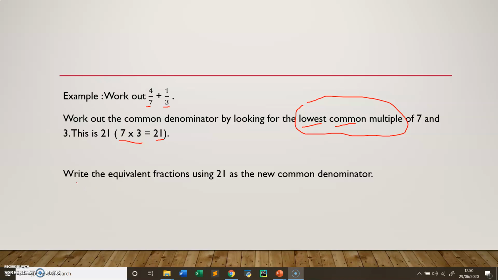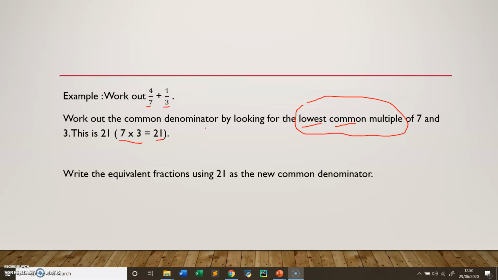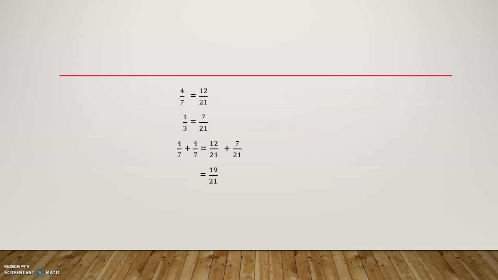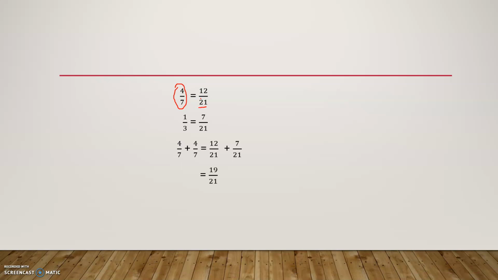So now we need to write the equivalent fractions using 21 as the new common denominator. So we've got 4/7 here, and we've got the common denominator, which is 21, which is 3 times more than this number. So we have to apply the same rule on the numerator as well.